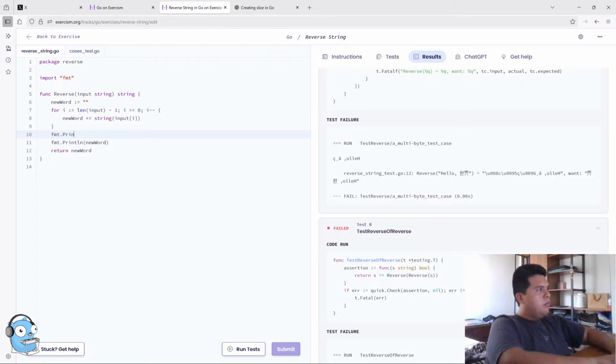fmt Println input, post input, and new word.